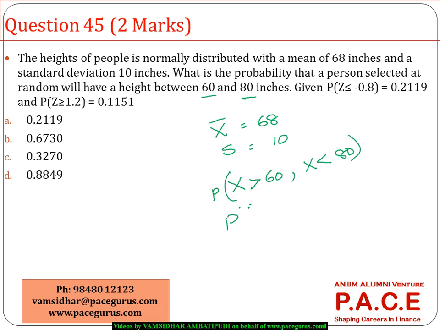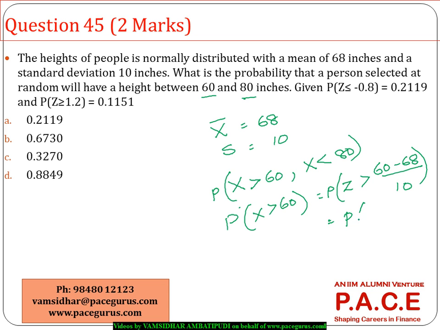So if I want to find out the probability of height greater than 60, I can do it as the probability of z value greater than x minus mu by sigma, 60 minus 68 by 10.